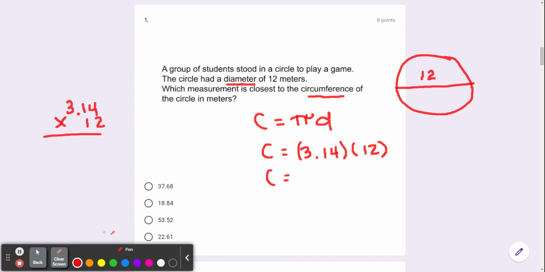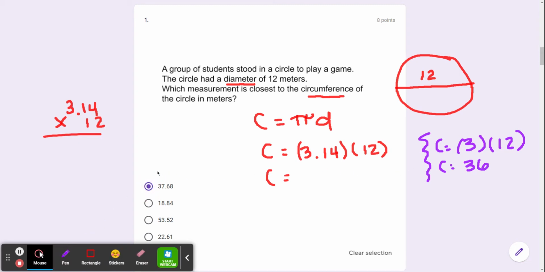Or another way that we were doing it in class was we estimated, instead of doing 3.14, we just changed it to 3, and we did 3 times 12. So we rounded our pi to 3. And if I round my pi to 3 instead of 3.14, I get 36. So it's going to be a little bit less because I rounded it down to 3. But the answer that looks like it's closest would be the 37.